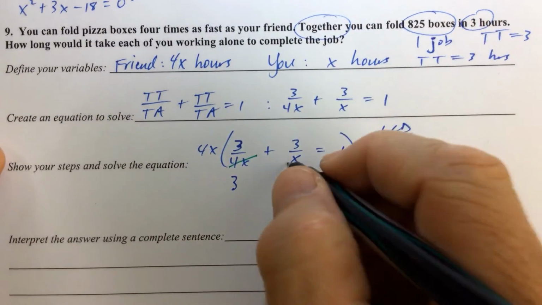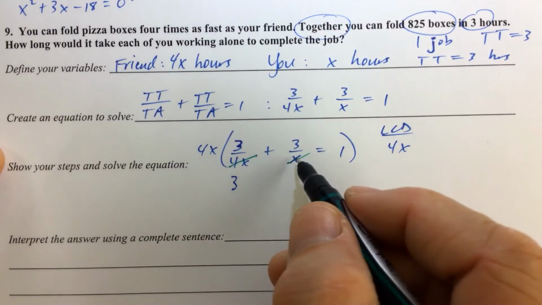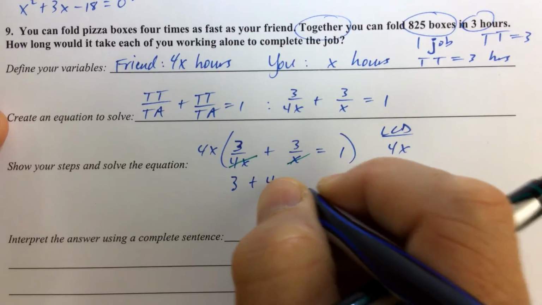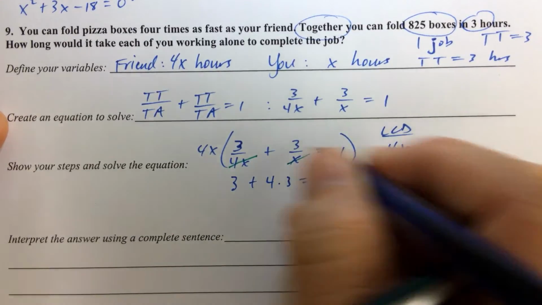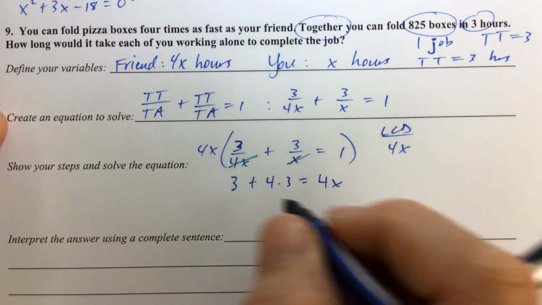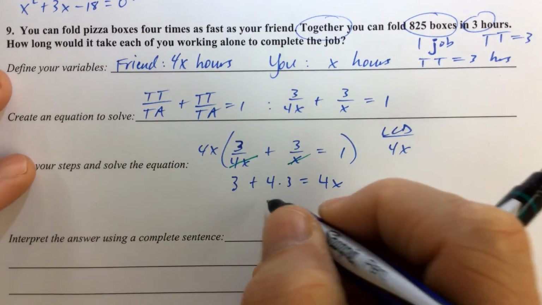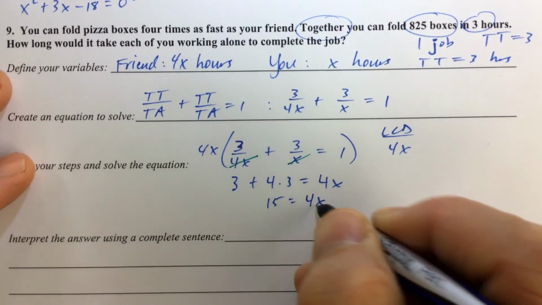This x cancels with that x right there, and we're left with a 4, so we're left with 4 times 3. And then 1 times 4x is 4x. So we end up getting 3 plus 12, and 3 plus 12 is 15, and we get 15 equals 4x.